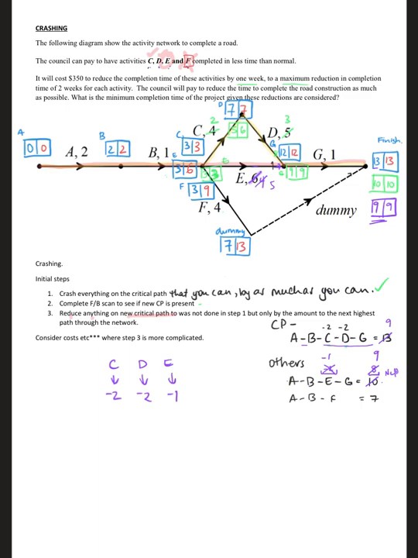So this step here, number 3, is a tricky one because you have to look at other options through your network. If you think that you might miss the little junctions like what I did, at this step you can reduce anything on your new critical path by the maximum that you can, and then do your forward and backward scan, and you'll soon realize that you've made a reduction.